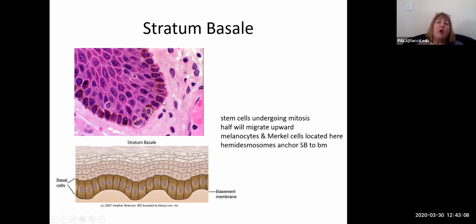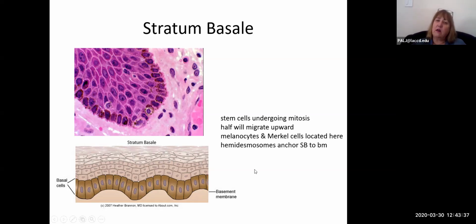So here's where our precursors for our keratinocytes are going to be undergoing mitosis, and then they can move upward. In addition to keratinocytes, all of our melanocytes are here. Melanocytes are only found in the stratum basale. And thirdly, those Merkel cells are only found in the stratum basale as well.